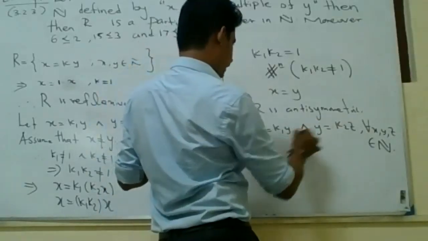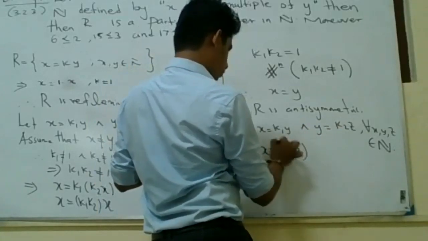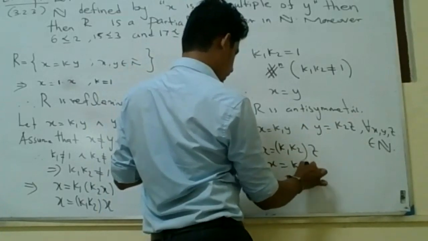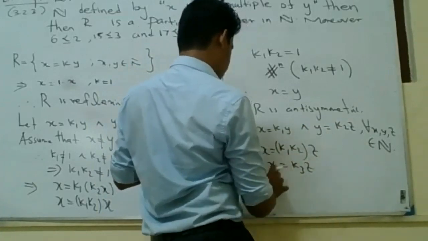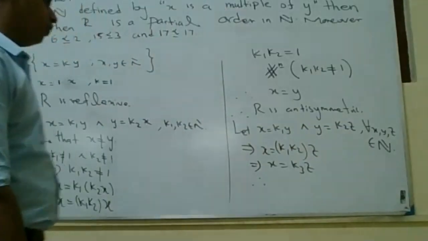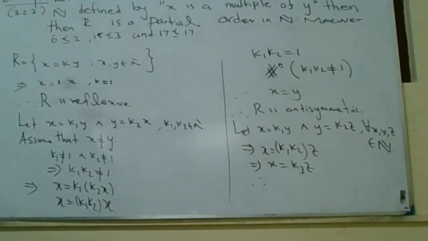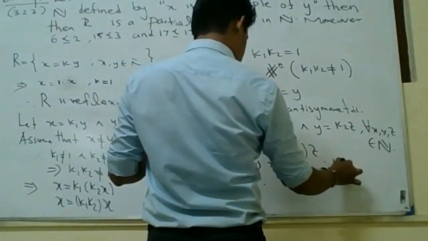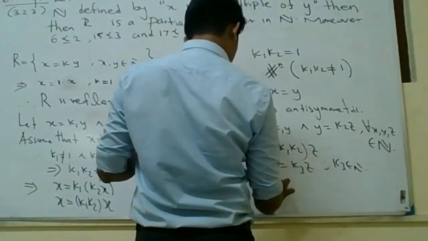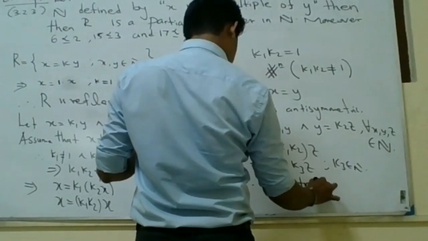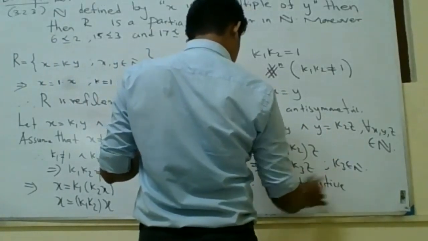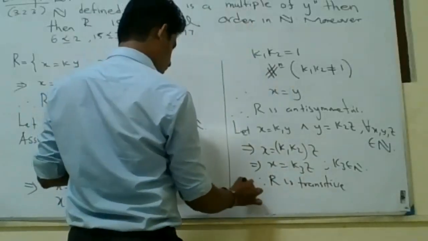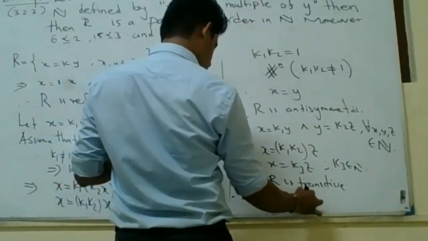You can put this as x equals k3 z, where k3 belongs to the natural numbers. Therefore, this is the relation for x and z. Therefore, R is transitive. Therefore, R is a partial order.